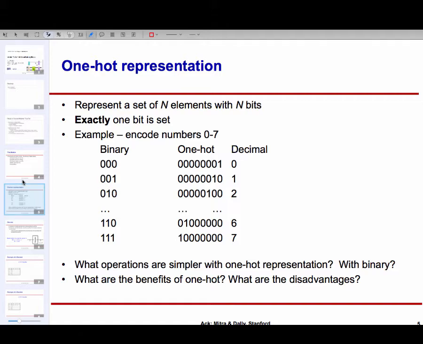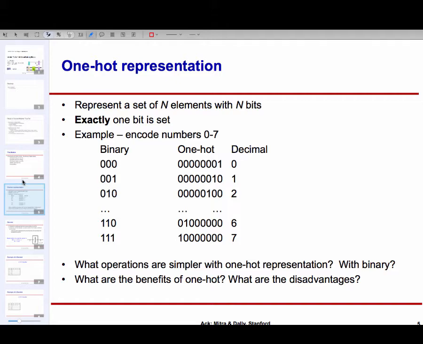One of the ways you can represent these things is a so-called one-hot representation. We actually saw it earlier also. What one-hot representation says is that if I have n things to represent, I'm going to represent them using n bits, and exactly one of those n bits is going to be set, corresponding to which element I'm referring to. So if I have digits 0 through 9, then I have 10 elements, and in a one-hot representation I take a 10-bit code, and I may say the leftmost bit is 1 whenever the number is 0, the second from the left is 1 whenever the digit is 1, and so on and so forth.